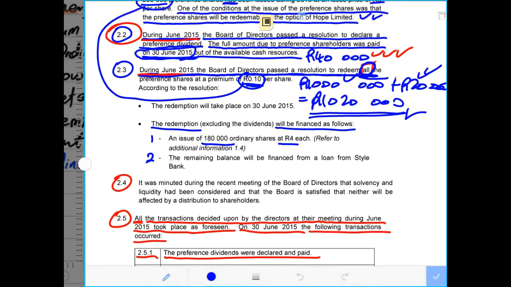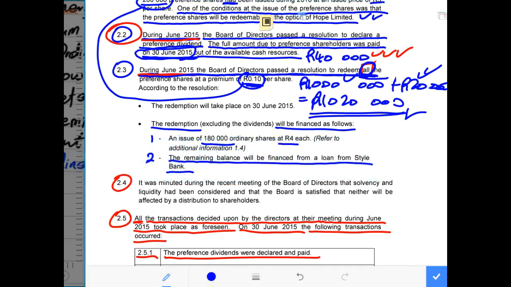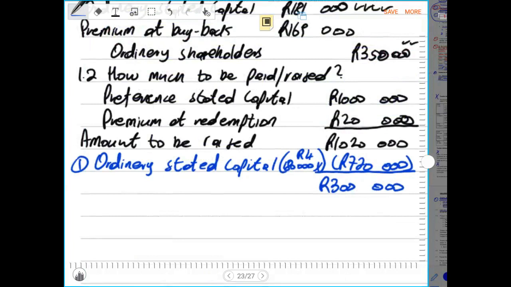The remaining balance will be financed from Style Bank. So this is the second part. That means the amount to be raised, the loan from Style Bank, will be 300,000 rands, which is the remaining balance.